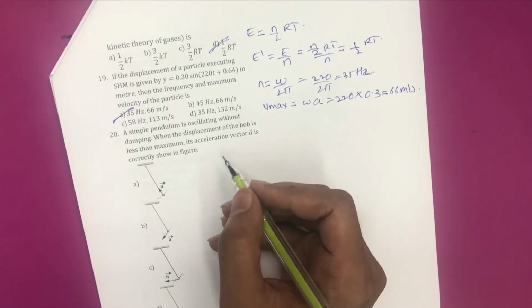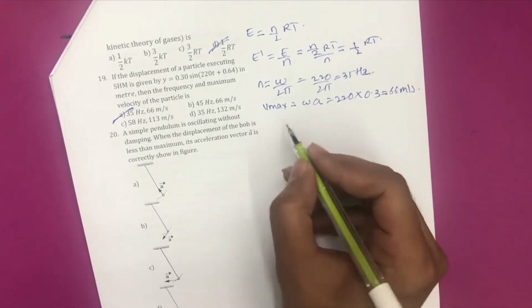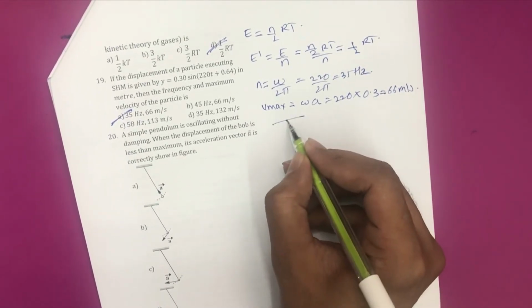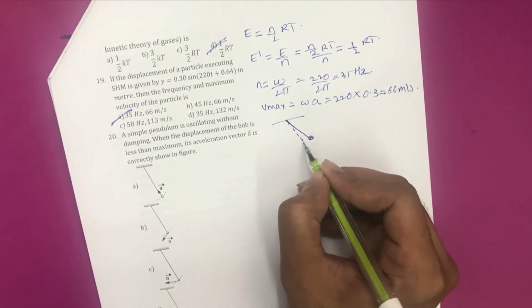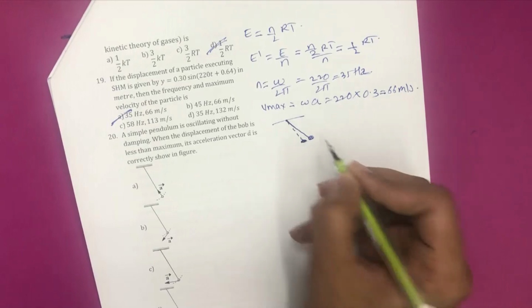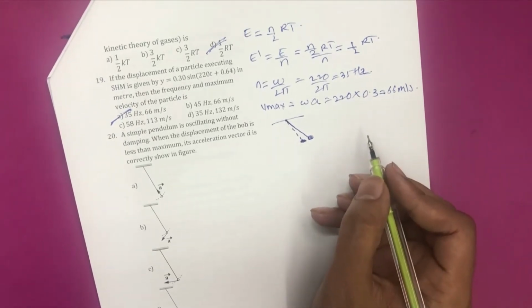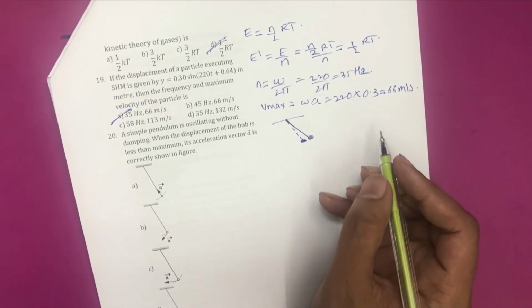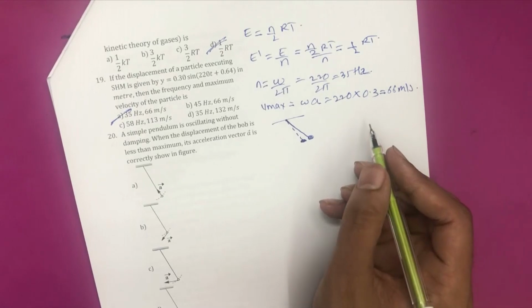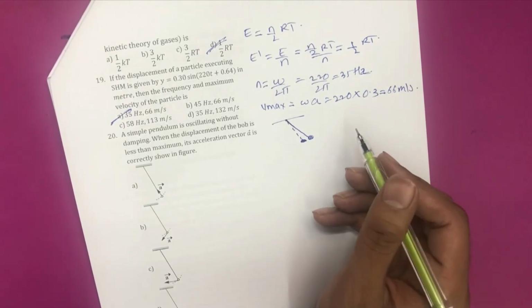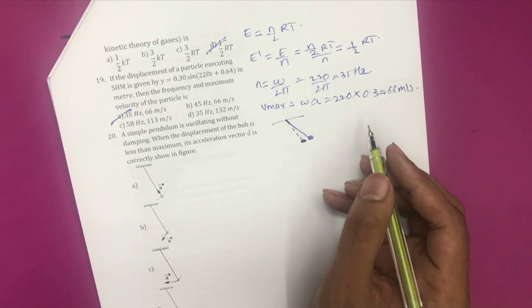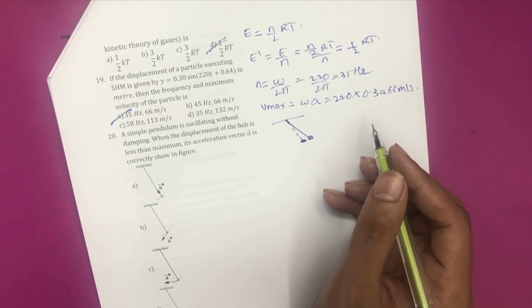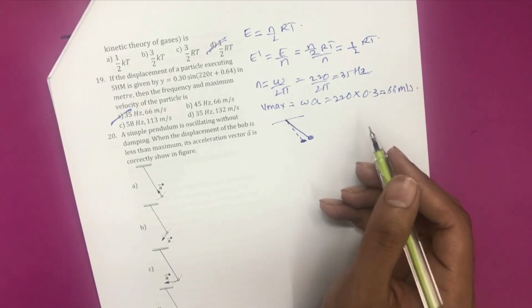When the displacement of the bob is less than maximum, so suppose this is the bob and this is the maximum, we have to calculate when the displacement is actually a little less than maximum, so somewhere here probably. There will be two component accelerations, AC, that's the centripetal acceleration, and AT, that is the tangential acceleration. The resultant acceleration A will be represented by the diagonal of the parallelogram.